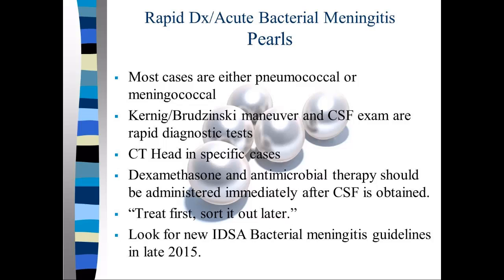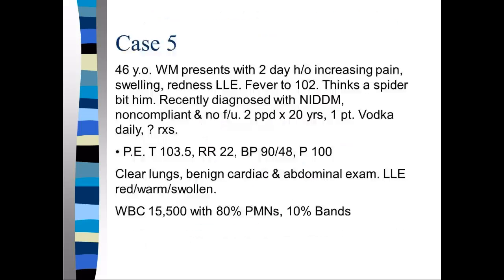So again, remember the role of dexamethasone and antimicrobial therapy. We worry about this more with Streptococcus pneumonia than others, and look for the new bacterial meningitis guidelines in late 2015 or early 2016 if history is a guide.